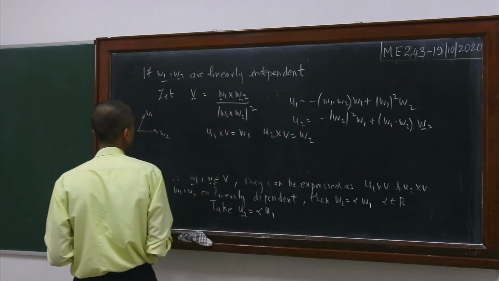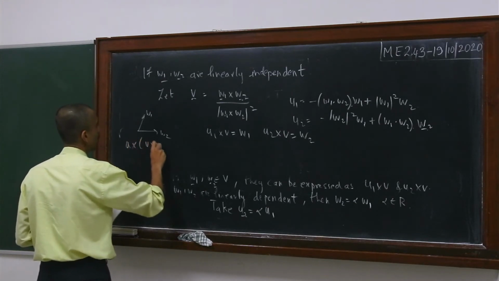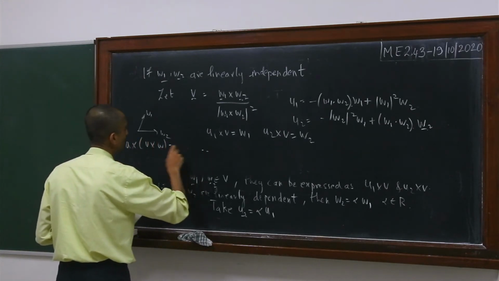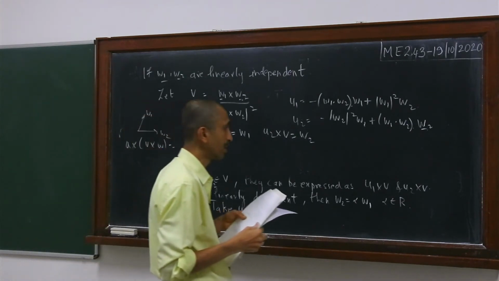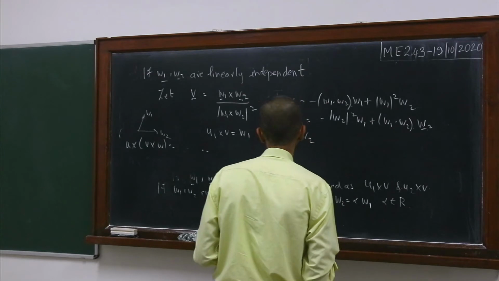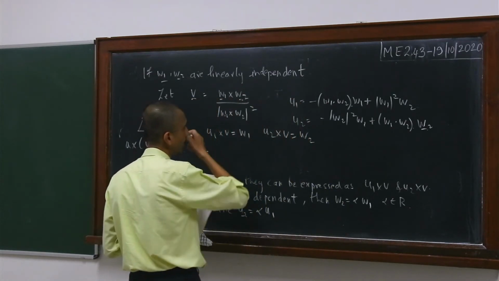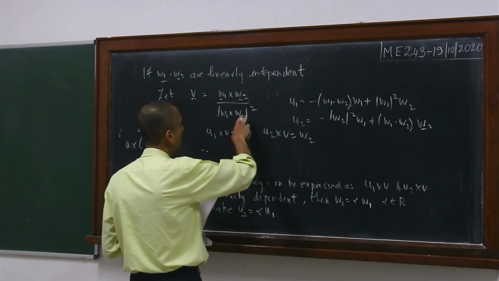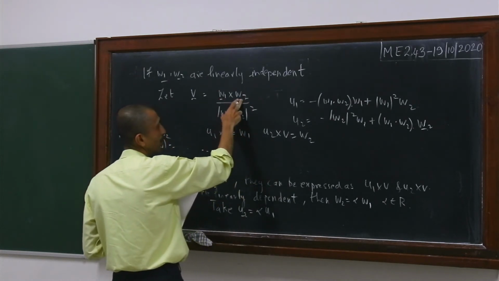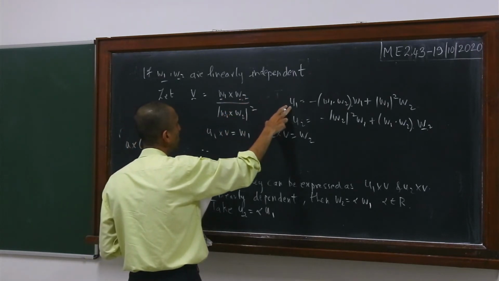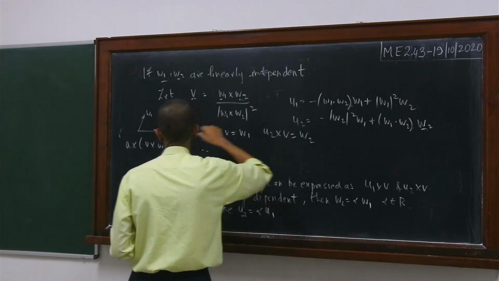Here I am using the result for the vector triple product that I had proved earlier, because you can see that this V, for example, is a cross product between two vectors, and then when you take U1 cross this V, you will get this kind of a structure here.